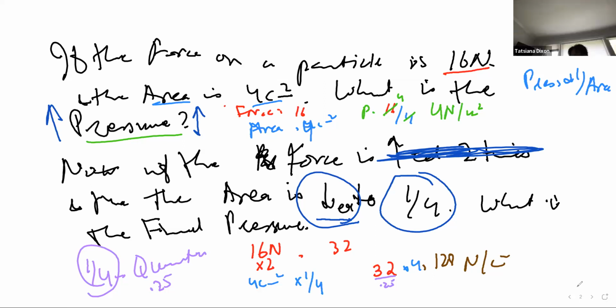So if force increases 2 times, it becomes 8 Newton per square centimeter. And then area decreases 4 times, I mean 1/4, which makes the pressure increase 4 times, right? So it was 8 and then increases 4 times because of the area, so it's 32.